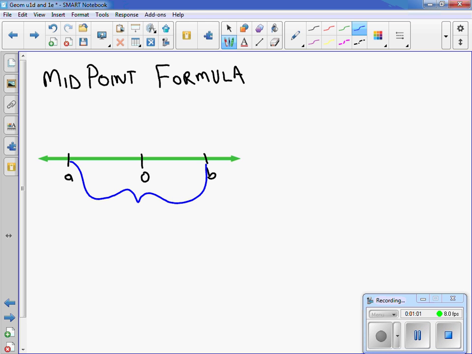It's pretty rudimentary: A plus B divided by 2. So literally take the distance between the 2, divide it in half, and that'll give us our midpoint. I'm just going to abbreviate for time.